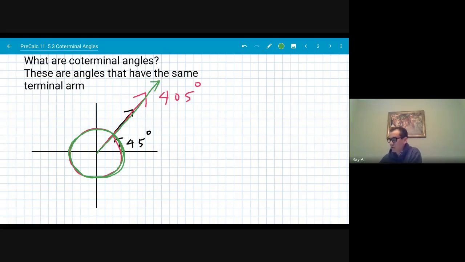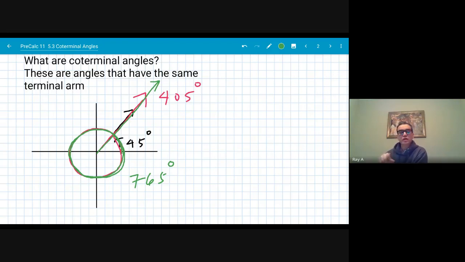We went around twice, so that's 720 degrees plus 45, that's 765 degrees. So 765 is also a coterminal angle for 405 and for 45. I think you already got the idea now.